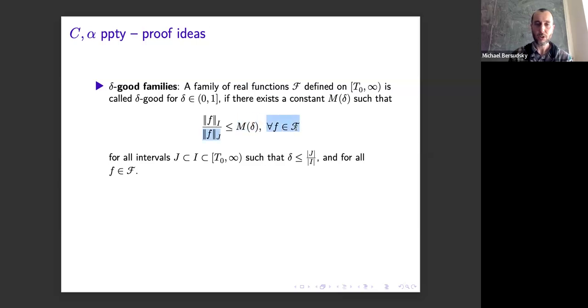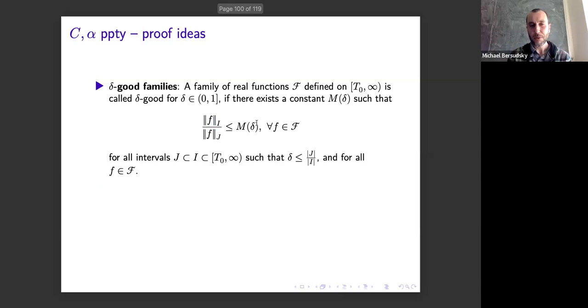This inequality should hold for all possible functions and for all nested intervals which have relative length at least delta. You can imagine the function possibly has some zero, and this supremum might be small, and this supremum shouldn't be too large then. It should grow in a controllable way, in a uniform manner like this.